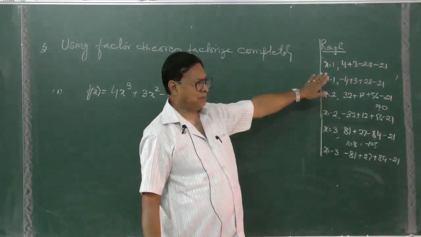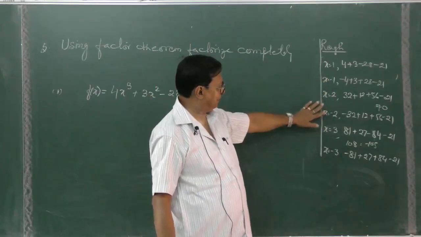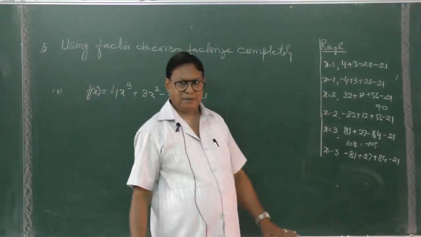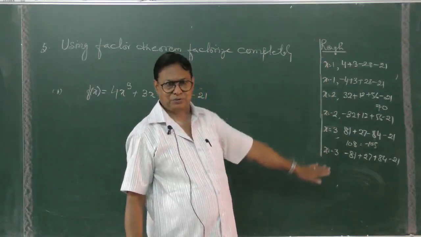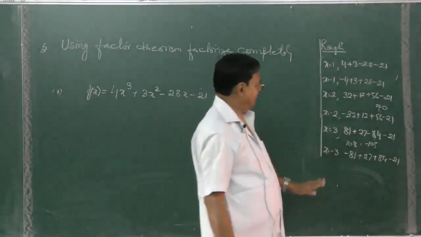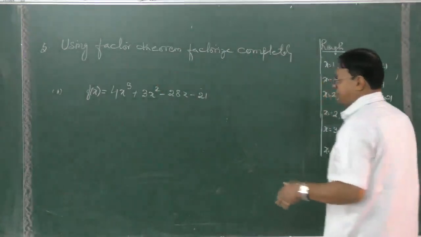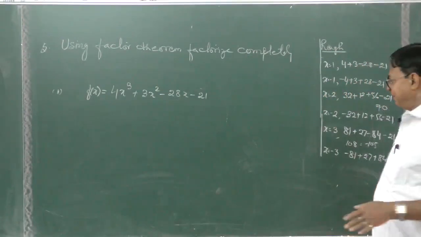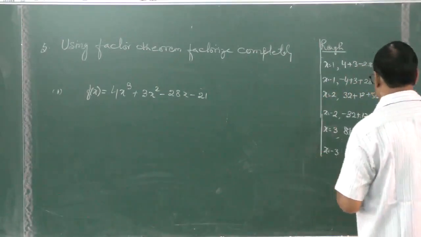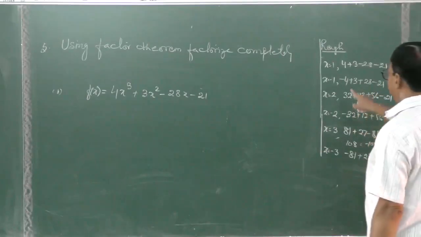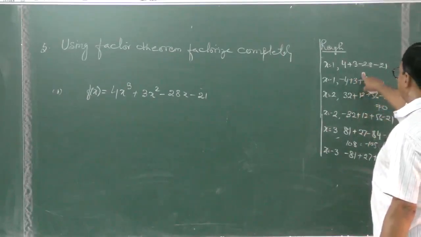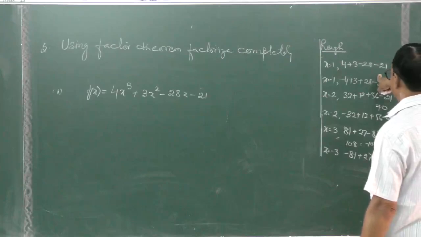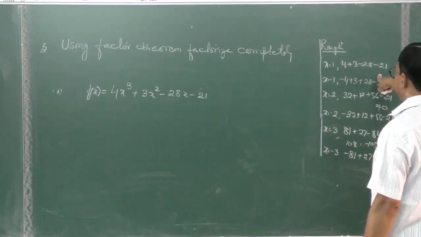We tried with 1, minus 1, 2, minus 2, 3, minus 3. Well, none of this is coming to 0. Try with 4, and I think 4 will be the maximum limit. So try with 4. Let me check before that once again. So putting x equal to 1, it's 4 plus 3 minus 28 minus 21.